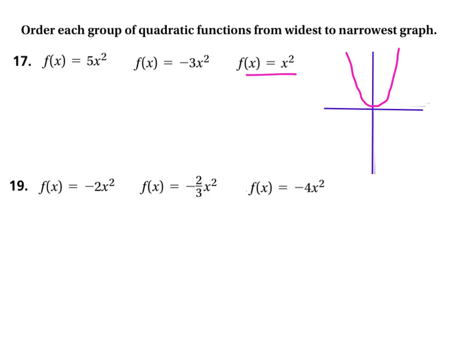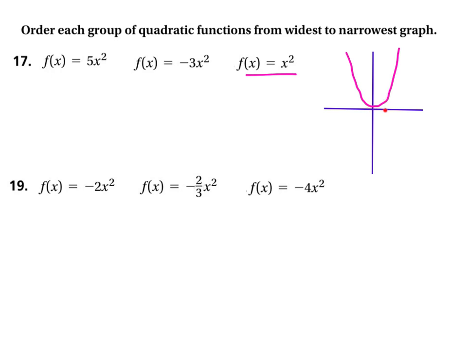Well, if you took 5x squared, what you're basically saying is, and I'll do it in, let's say, blue, that for any given x value, what you would normally get out, like let's say you go over here to 1 for x, you would normally go up to 1, right? 1 squared is 1, so you'd be up there at 1 comma 1.